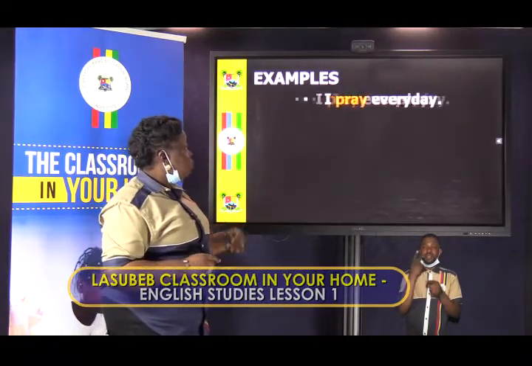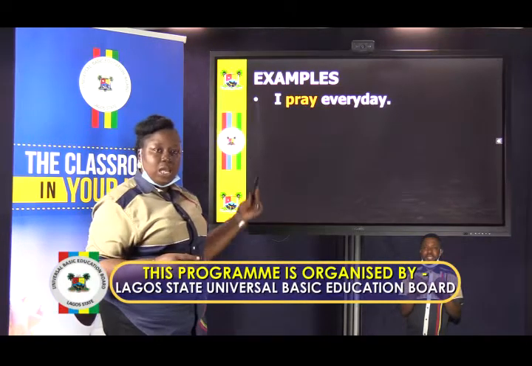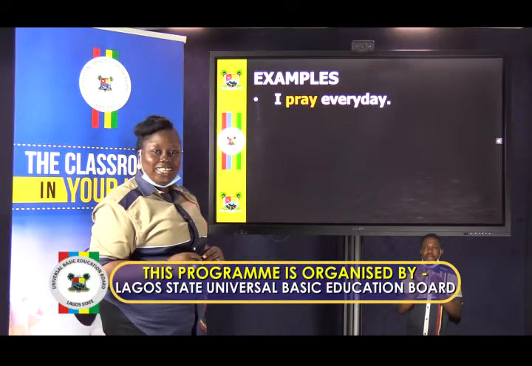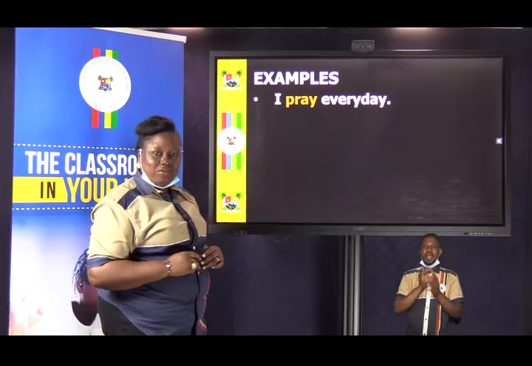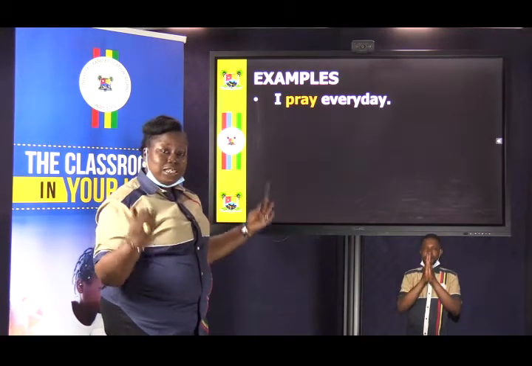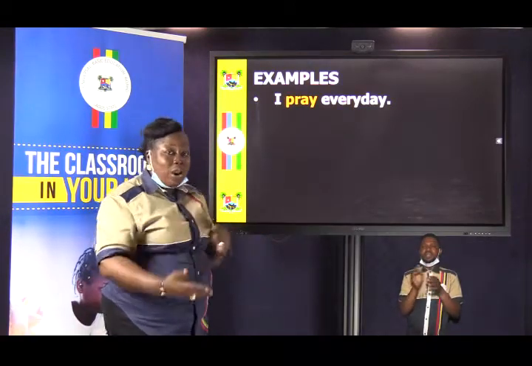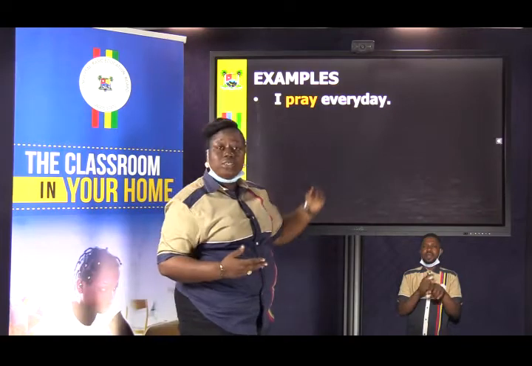Let's look at examples of the simple present tense. I pray every day. The action there is pray, but it is expressed in the simple present tense because it is an action that occurs at regular intervals, as shown by the words every day.